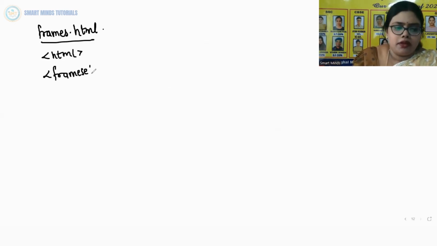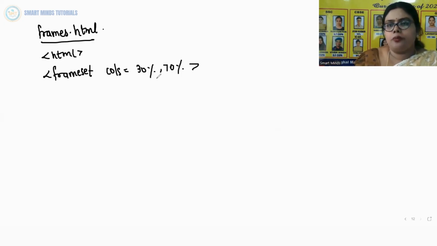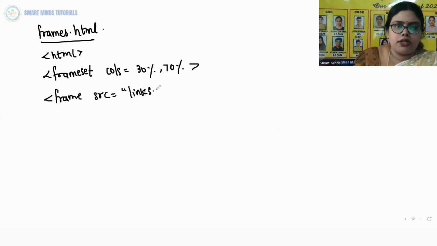Let us name the program frames.html. First we give the HTML tag and then the frameset element followed by cols equals 30%, 70%. So you are dividing the frameset into two parts: one is 30% of the frameset and the other is 70%. Now frame src equals links.html.